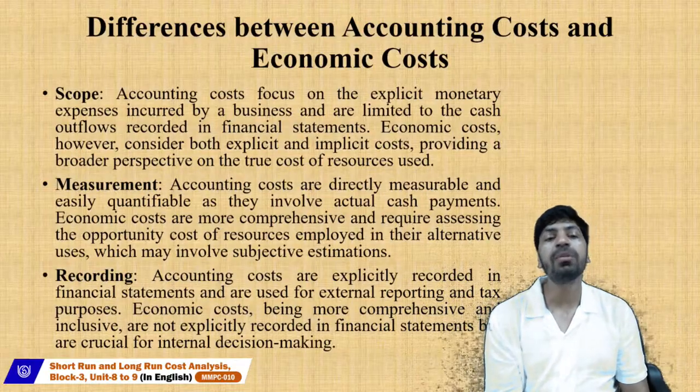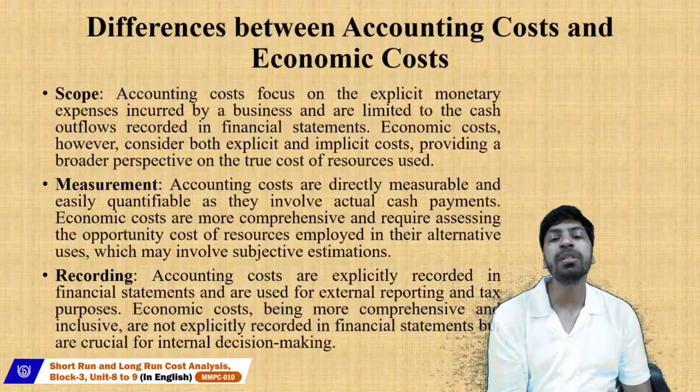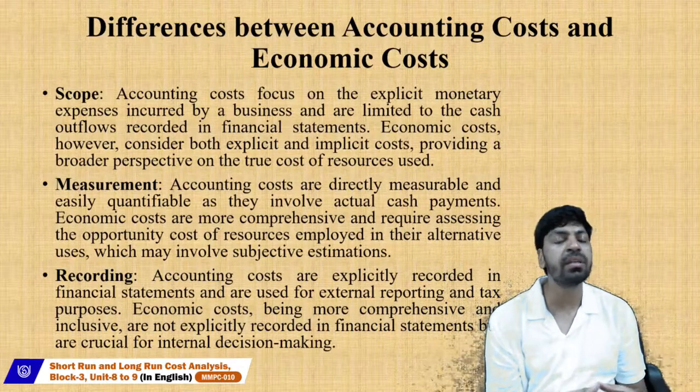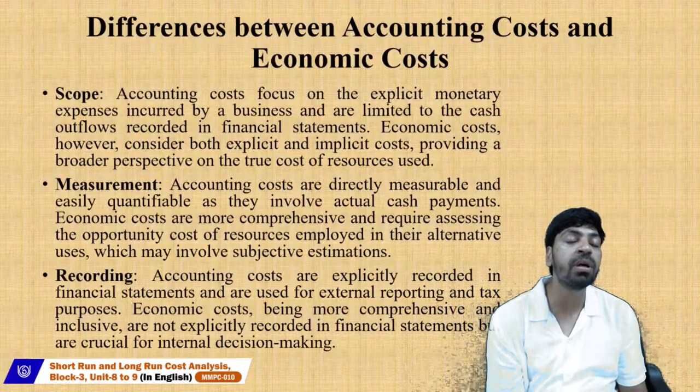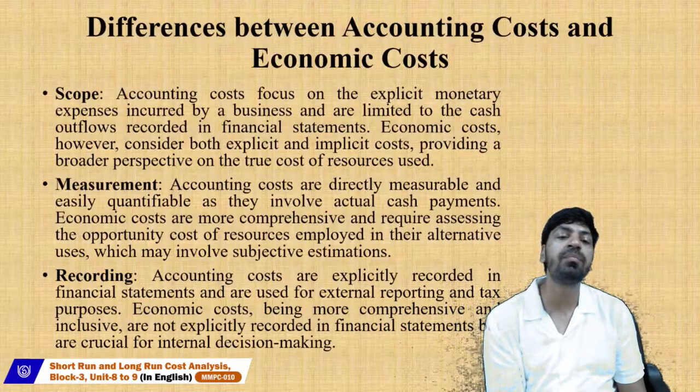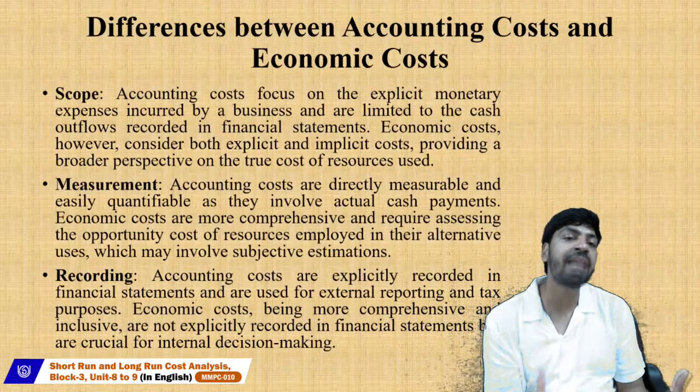Next, we can talk about the recording. Accounting costs are explicitly recorded in the financial statements, and of course, these accounting costs are used for external reports, for the external record, or any other external purposes, or like tax purposes.